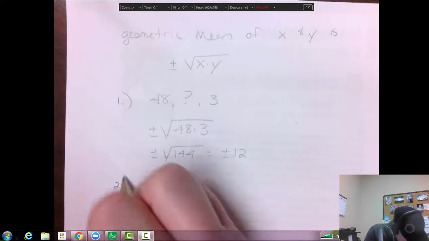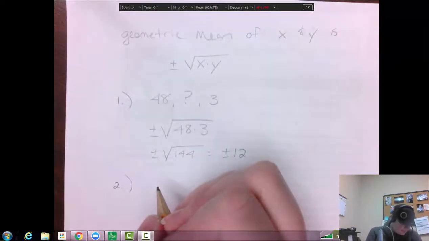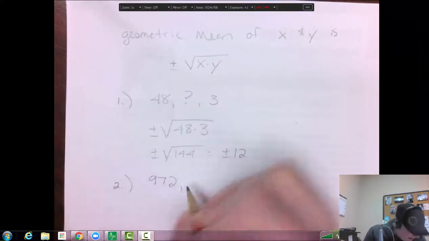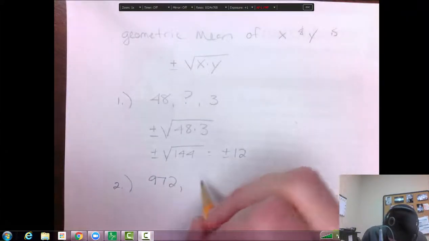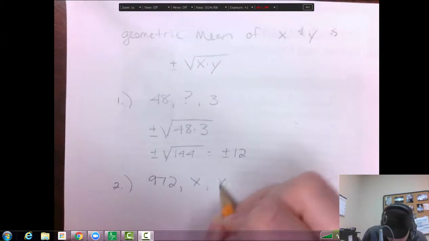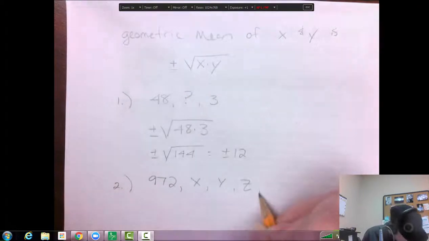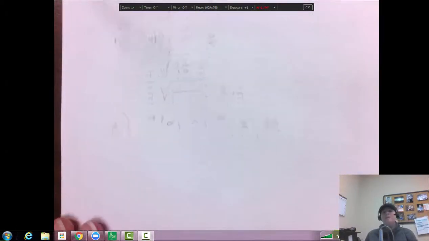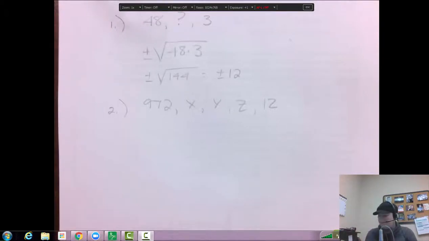Let's see. Let's do another one that was harder using the same concept. So if I know 972, but I don't know, let's just call them x, y, z, and the last one's 12. However, they always use little highlighted blank spaces in some of the programs and in this book.